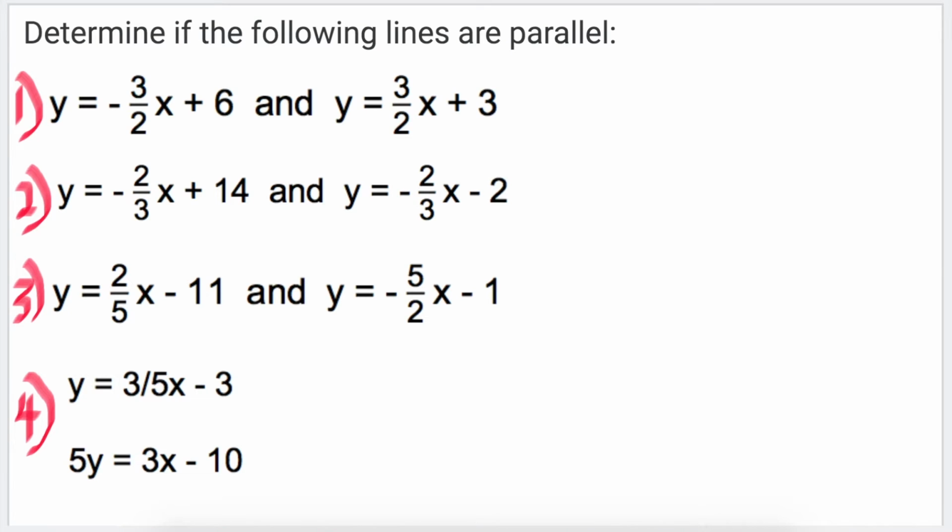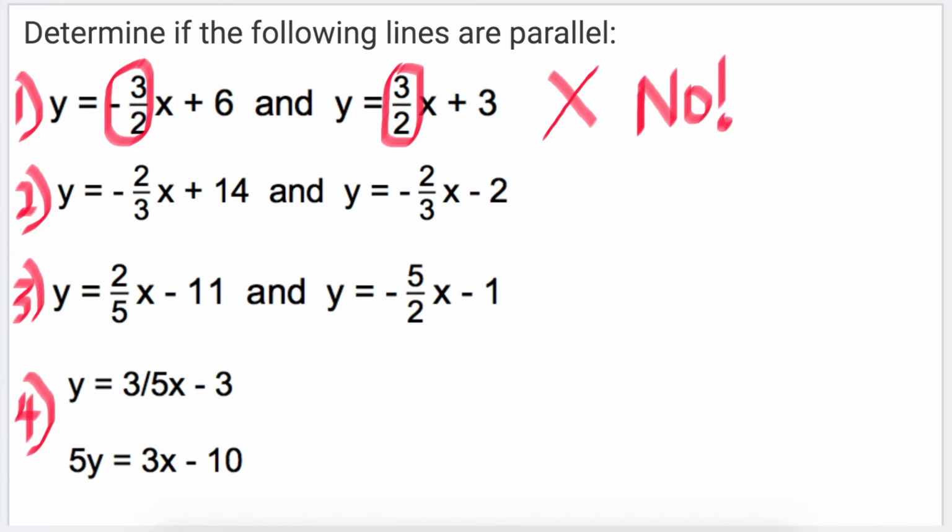Let's determine if the following lines are parallel. So number one, the first line has a slope of -3/2, and the second line has a slope of +3/2. Those are the only two numbers that we need to compare to determine if lines are parallel. Since these two slopes are different, no, those two lines are not parallel.